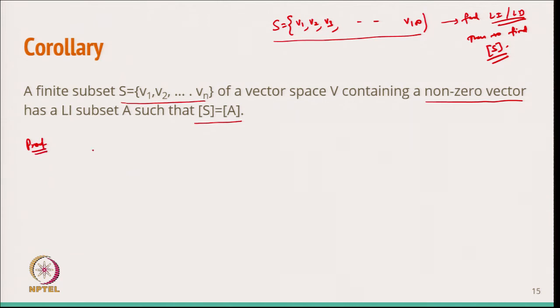So, in this case my S is given to me. Let us assume that V1 is not equal to 0. Okay.